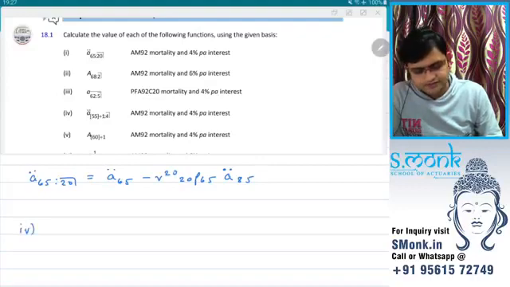And the fourth part, we have ADU select 55 plus 1 going for 4 years.